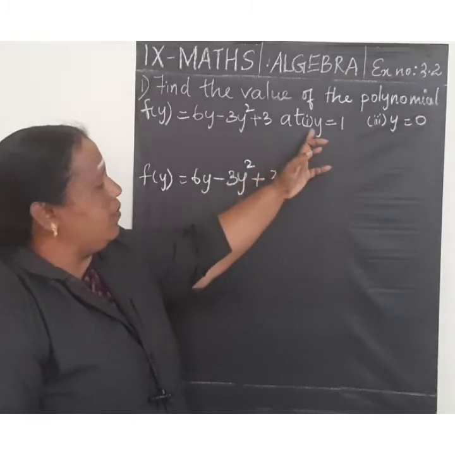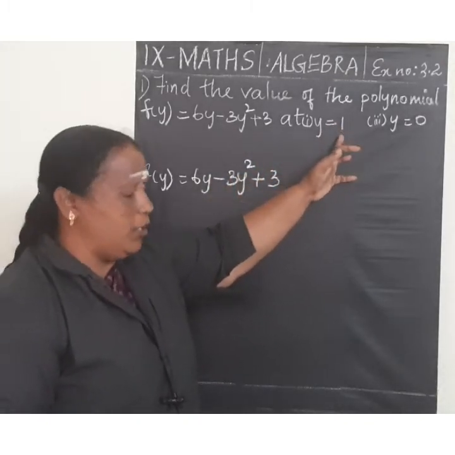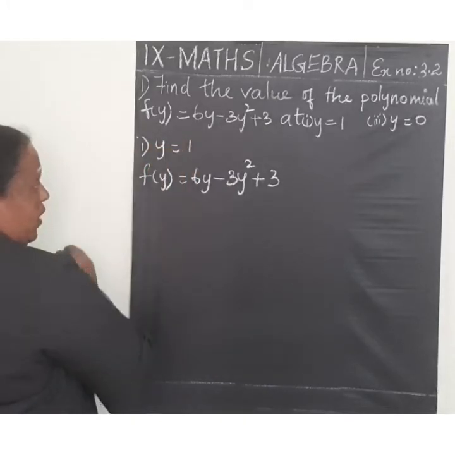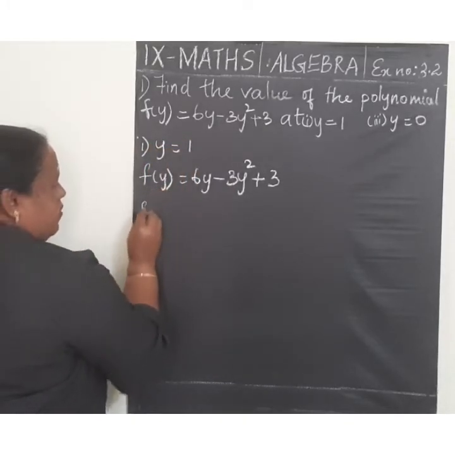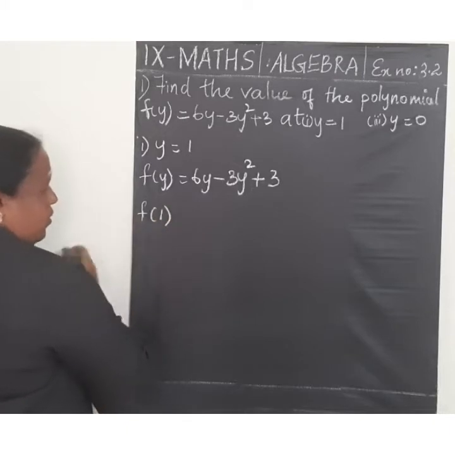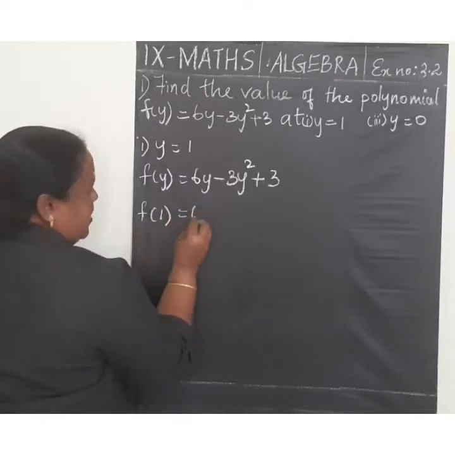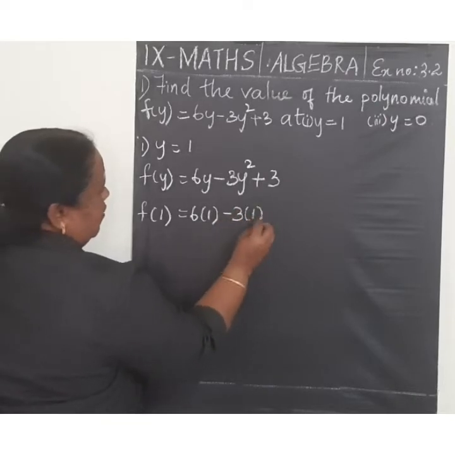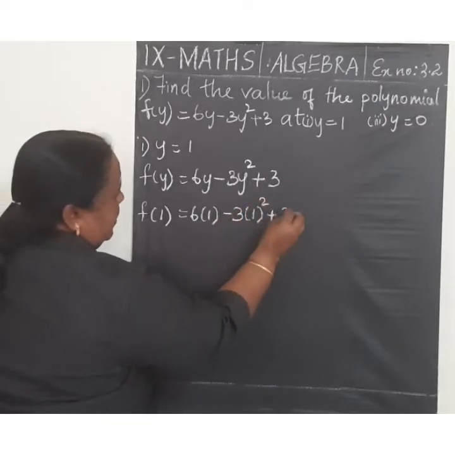First they have given y is equal to 1. So in the place of y we substitute the value 1. So f of 1 is equal to 6 into 1 minus 3 into 1 square plus 3.